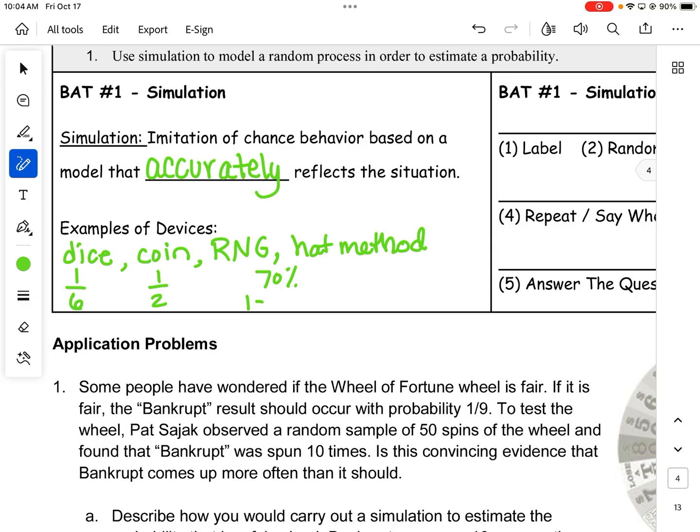So for 70% chance, 1 through 7 is going to represent a yes, while 8 through 10, because you need it to total 100%, is going to represent my nos, or whatever the situation is. Bankrupts, not bankrupts. So then you have to describe what each one means.